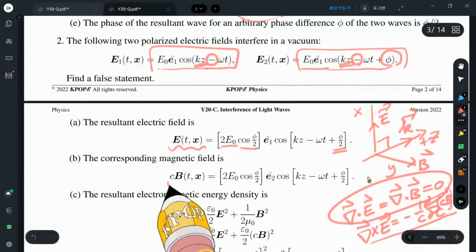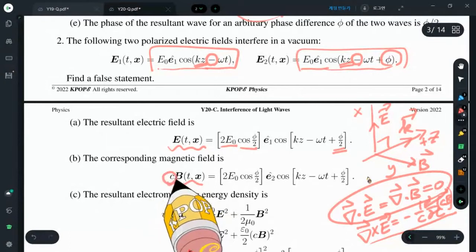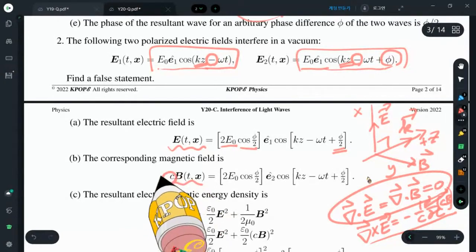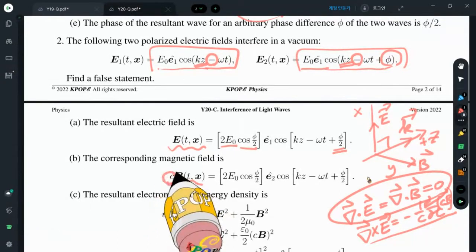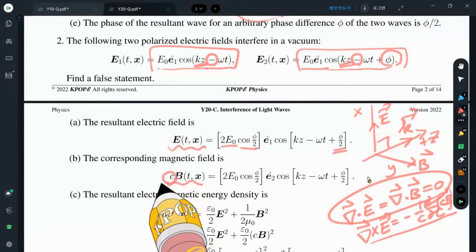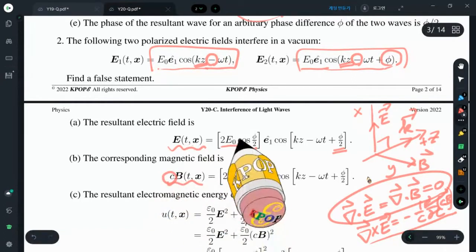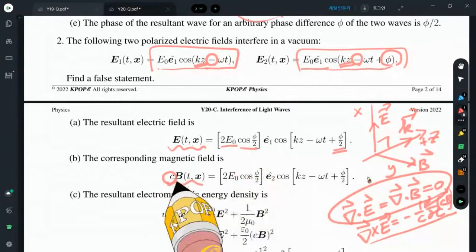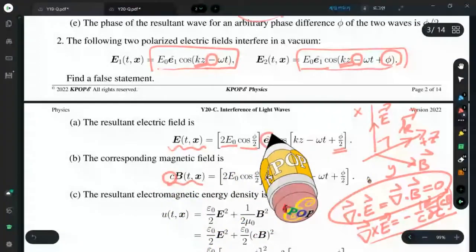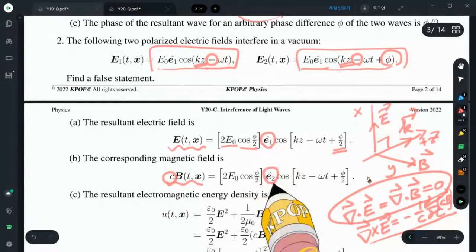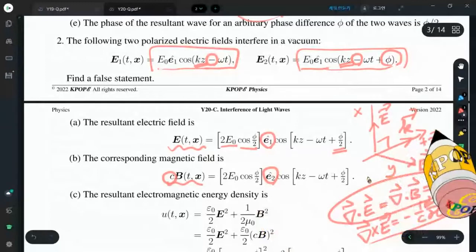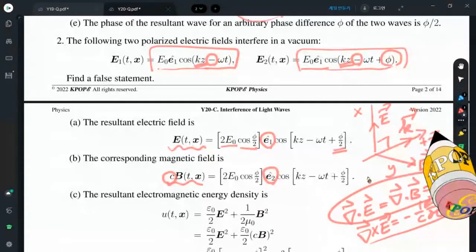So magnetic field multiplied by c, you must not miss this. C must be multiplied to have the same dimension, same amplitude. So it is along the x-axis, y-axis, and the wave is propagating along the z-axis.